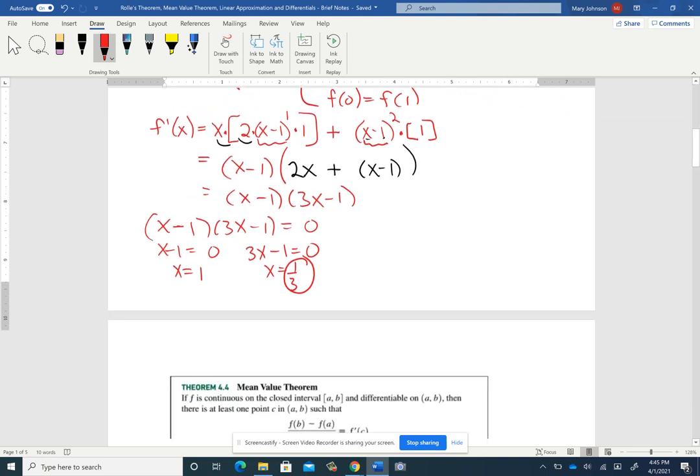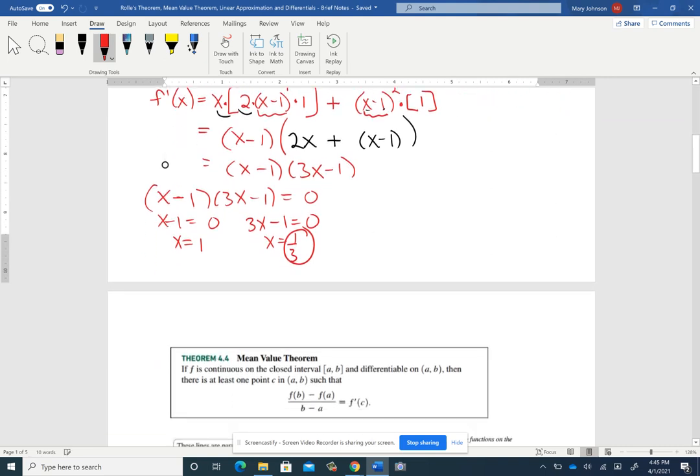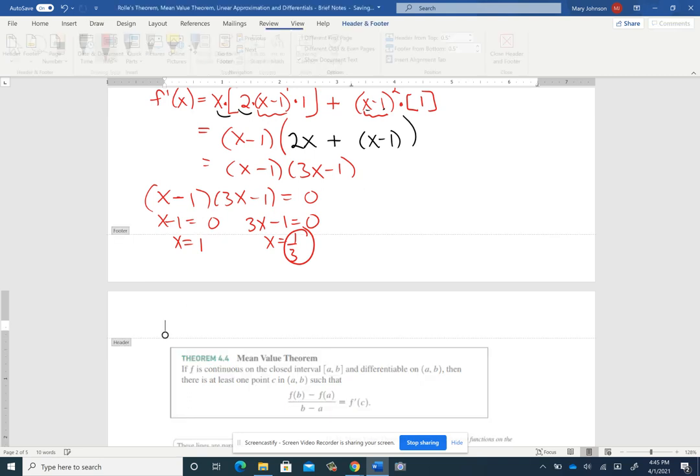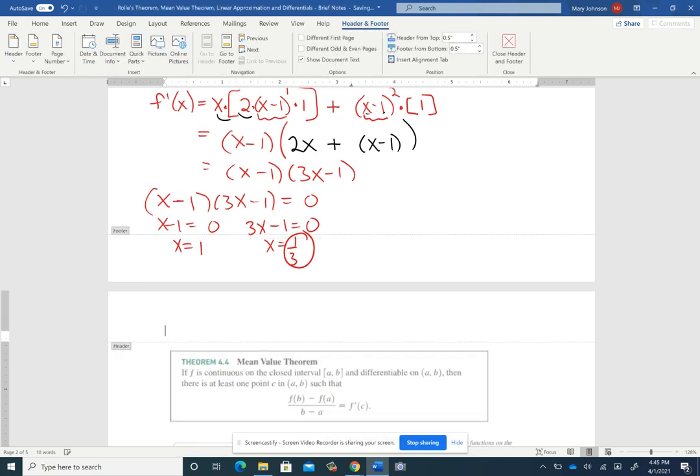All right, then we did another one in class. Let me get some more paper here. And we'll see if I can get that where I want it to be. See if I can insert a page break.